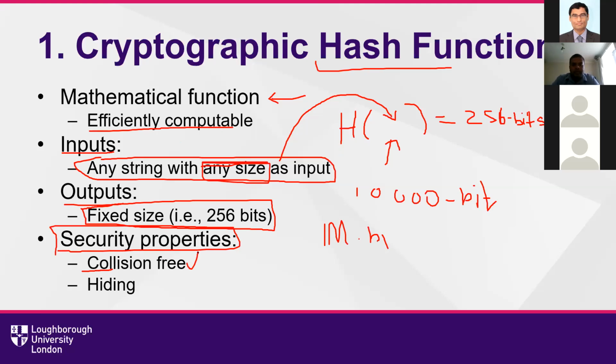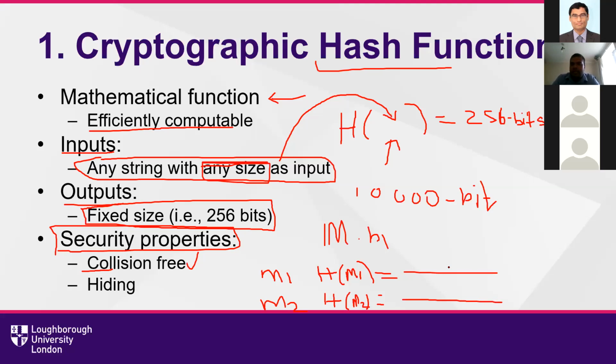It is collision free. Let's say you have two messages, M1 and M2. If you input M1, that will produce one output. If you input the second message, M2, that will output another value.